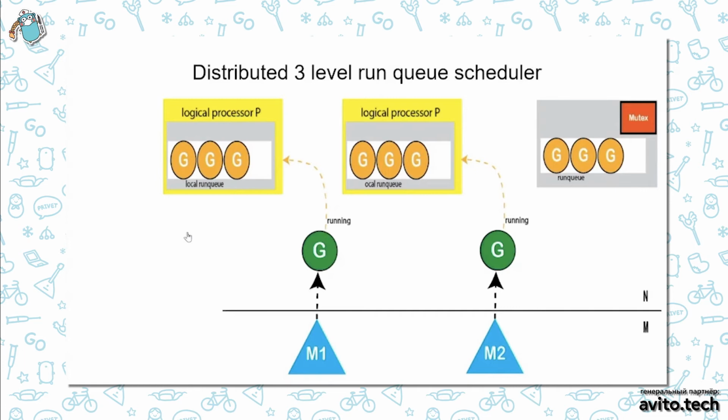Go will first create the different logical processors P based on the number of logical CPUs on the machine and store them in a list of idle P. Then the new coroutine or coroutines ready to run will wake up a P to distribute the work better. This P will create an M with an associated OS thread.